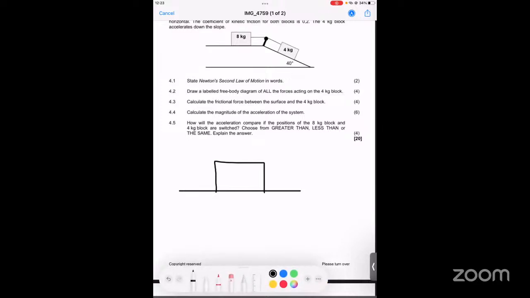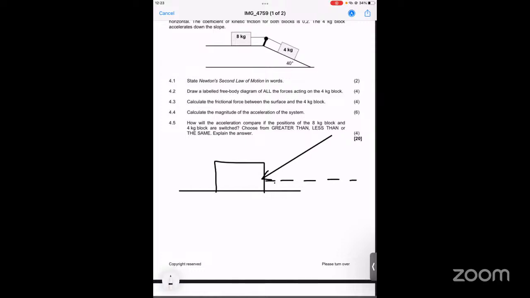So now we do have that force again, but this time around it's a pushing force, and it is being applied at a certain angle.